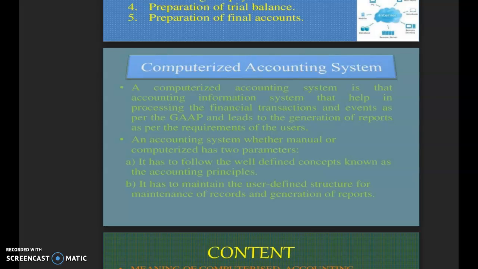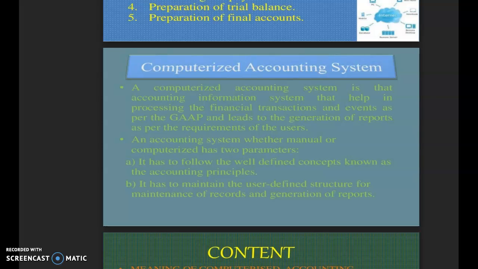We all know that there are various parties or users of accounting information, and a computerized accounting system provides various types of reports as per the GAAP, meaning generally accepted accounting principles, or as per the accounting standards applicable to that particular segment, and generates the reports required by the variety of users.